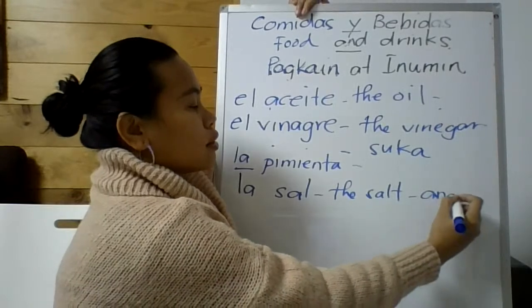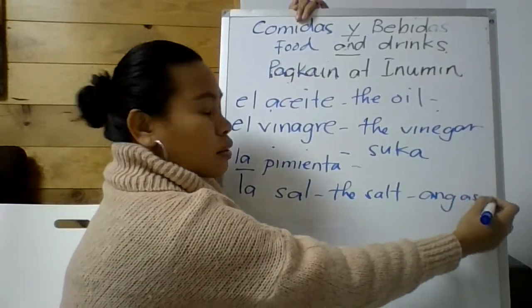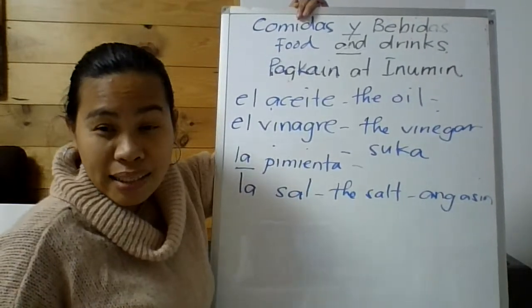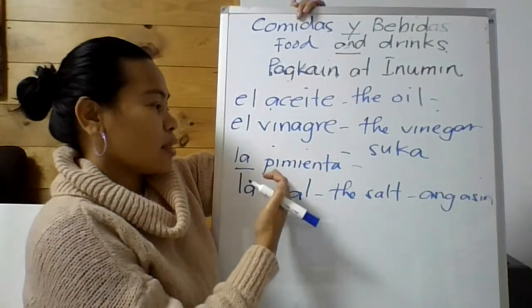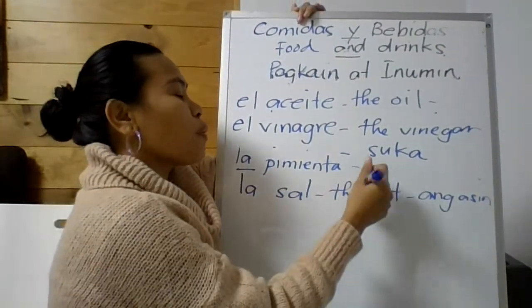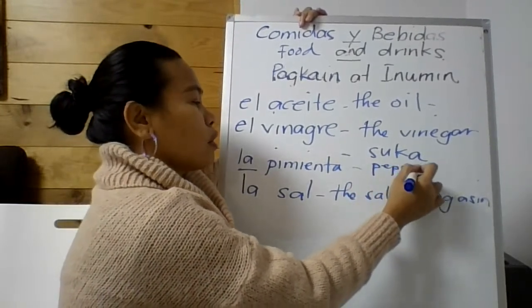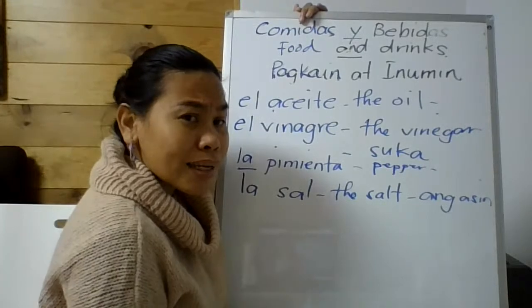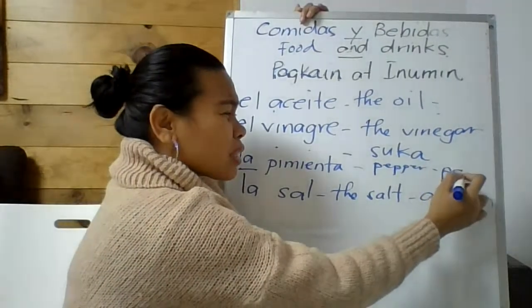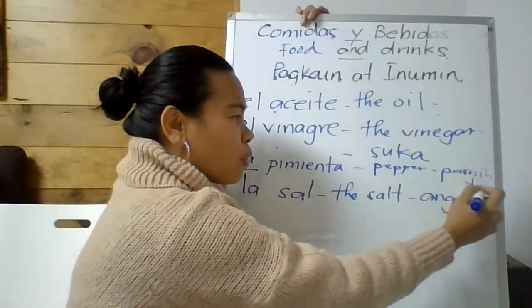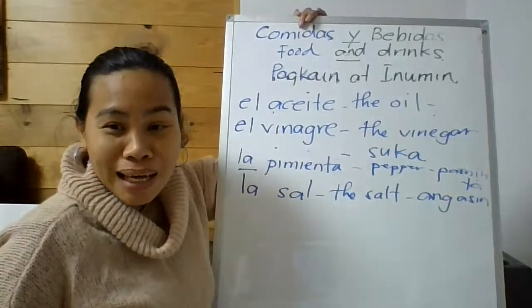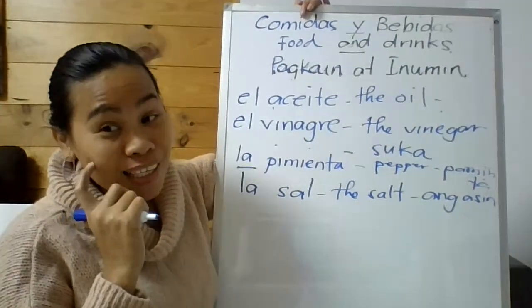Ang asin. Okay? Ang asin. This one is the ground pepper. I am referring to the ground pepper. Sa Tagalog, paminta is correct. Paminta. Ang paminta, baw. Yes, pandesal.